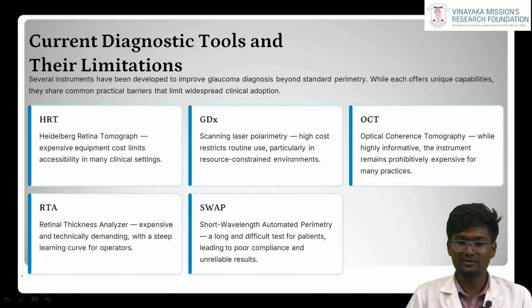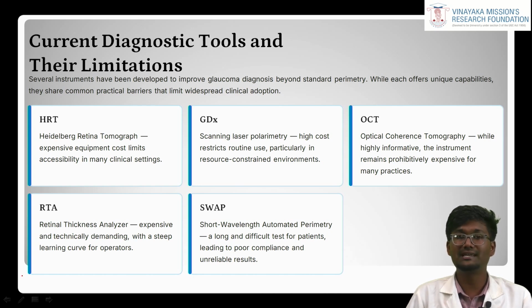On the other hand, OCT, optical coherence tomography, which is based on the Michelson interferometer principle, is highly informative, but it is also costly. We see OCT in lots of clinics in our day-to-day practice, but compared with the number of patients affected by glaucoma and the availability of OCT, it is still a debatable concept.